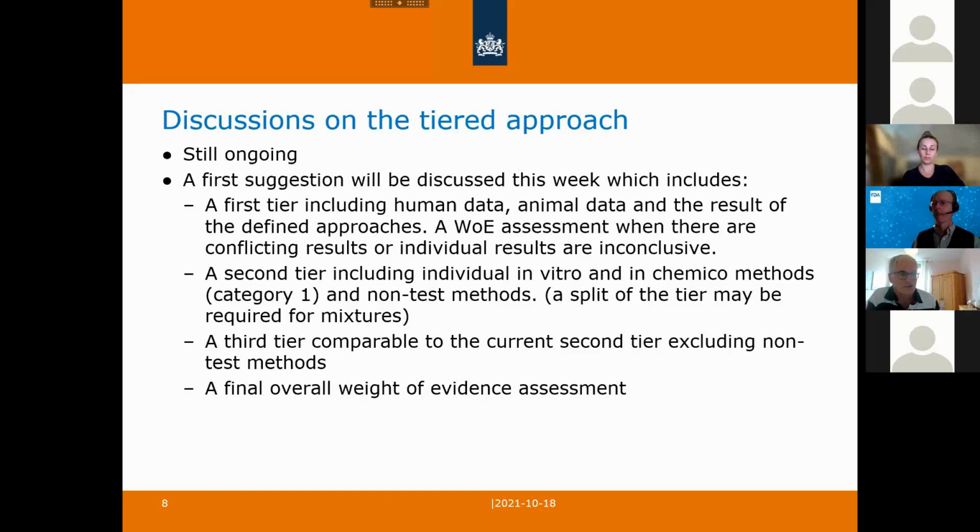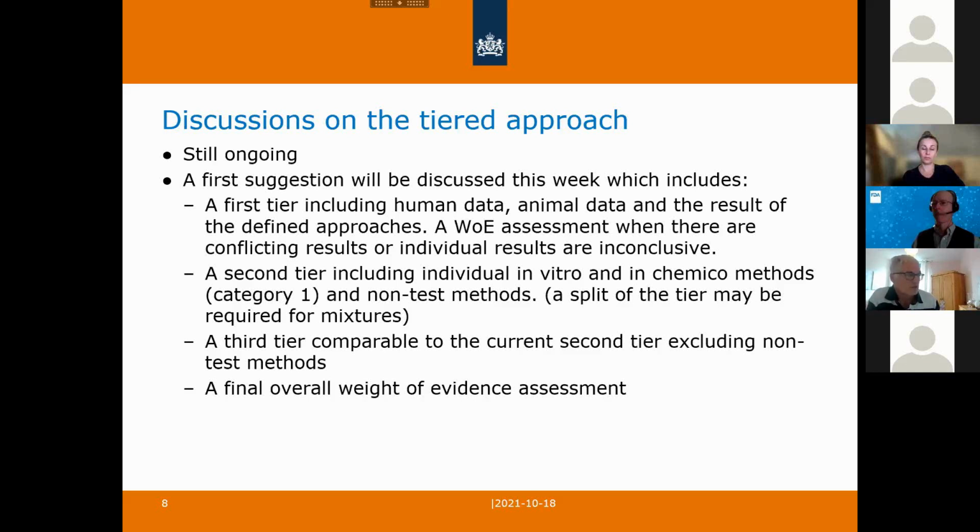If those results are conflicting, then we apply a weight of evidence within this tier. If this tier is not conclusive, we go to a second tier, which includes the individual in vitro and in chemico methods that can be used to classify as a category 1 if they are positive. And we may have to split this in case of mixtures. And we can use non-test methods like QSARs and read-across.